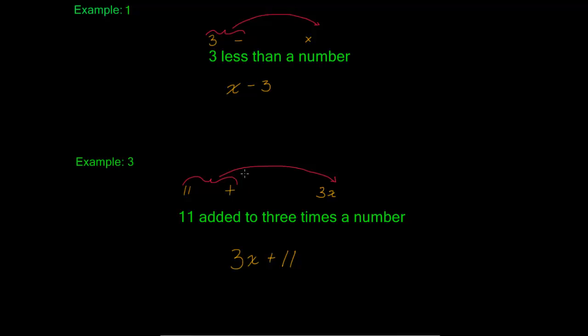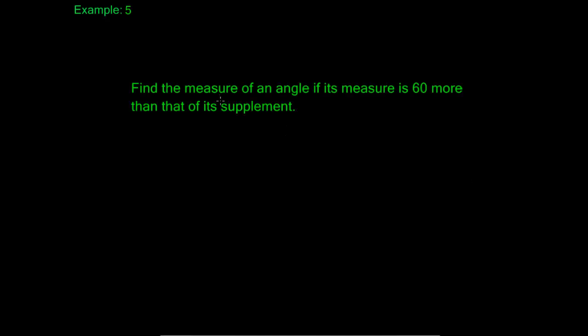All right, so with that being said, let's move to our next example. We have example 5. Find the measure of an angle if its measure is 60 more than that of its supplement. All right, we're talking about an angle. So, let's look at where we are going to actually begin.